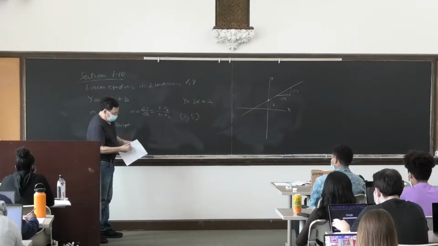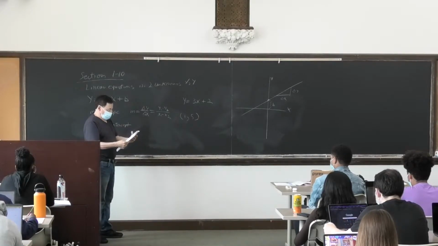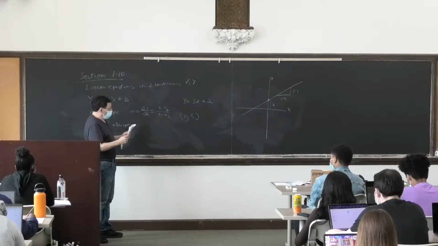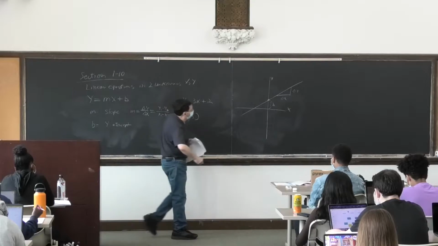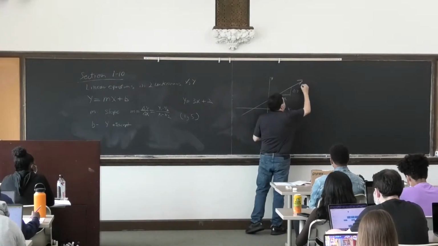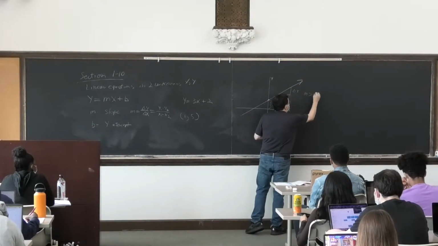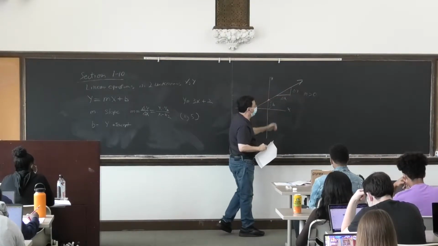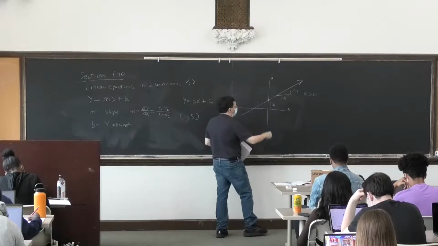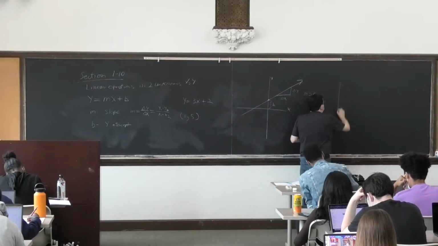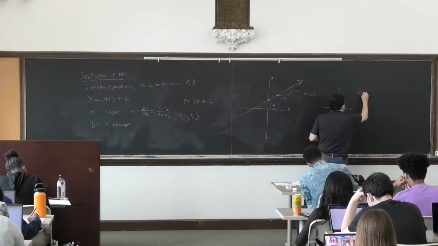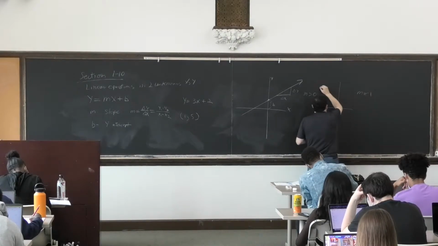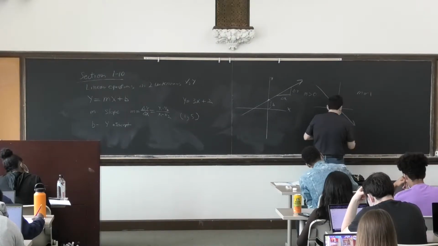So, let's see. It's good to know that if m is greater than 0, your line is going uphill. M is less than 0. M is minus 1, going downhill.